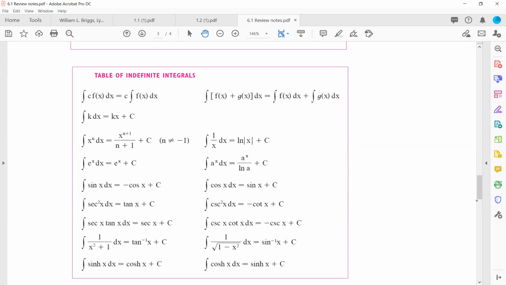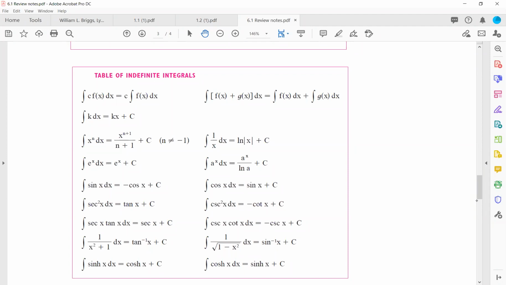The integral of e to the x dx is equal to e to the x plus c. The integral of a to the x dx is a to the x divided by ln of a plus constant of integration. The integral of sine is negative cosine. The integral of cosine is sine.